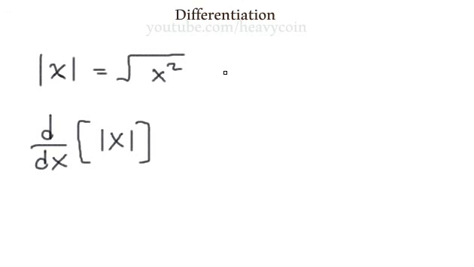Now I'm going to rewrite this as x squared, getting it out of radical and putting it into exponential notation, raised to the half power. This is what we're taking the derivative of. So you take the power up here and bring it out front.